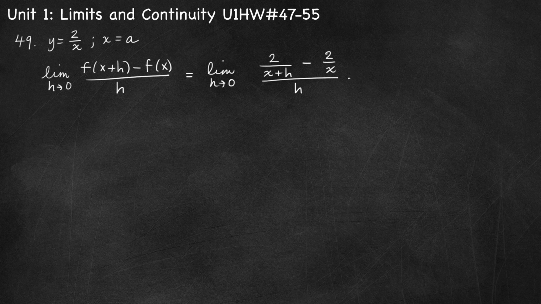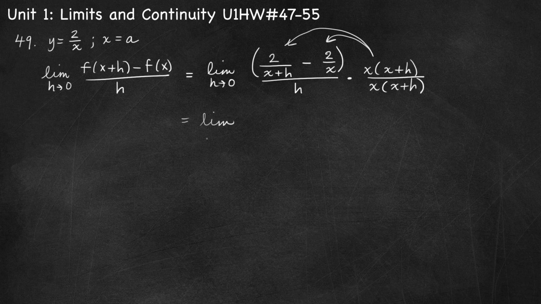So algebraically, the way I'm going to clear out the inner fractions here is to multiply the outer fraction, top and bottom, by my LCD, which is x times x plus h, the LCD of the inner fractions. So I'm distributing like so.